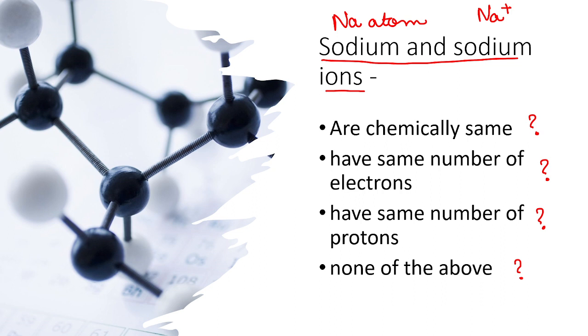Let me tell you, they cannot have the same number of electrons. If they do not have the same number of electrons, they are not chemically the same. Here there is one electron less, right? They have the same number of protons. So C is the correct answer.